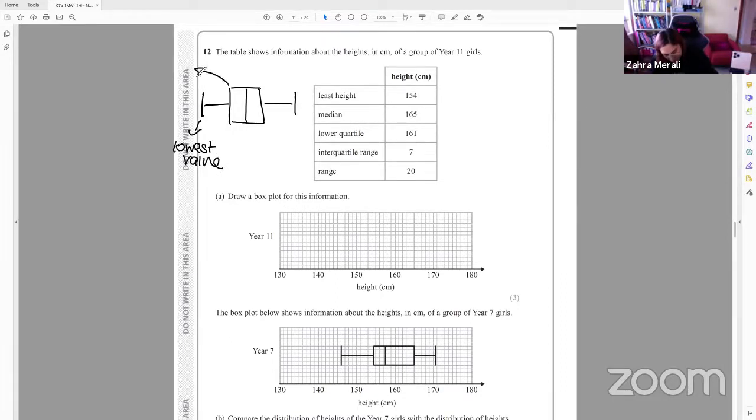This is your Q1, which is your lower quartile, which is 1/4 of the way through the data. This is your Q2, which is your median, which is halfway through your data. This is your Q3, which is your upper quartile, which is 3/4 of the way through your data. And then this one is your highest value.